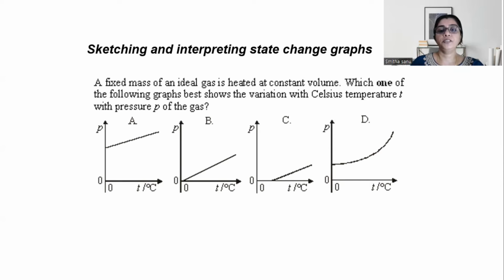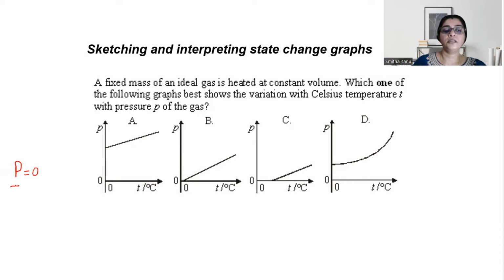Which of these equations is the correct equation for P versus T, where T is in degrees Celsius? The pressure of a gas at 0 degrees Celsius is not zero. Absolute zero happens at the temperature where the pressure is the lowest.